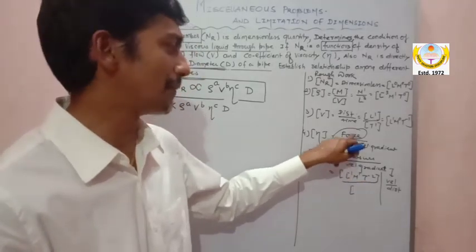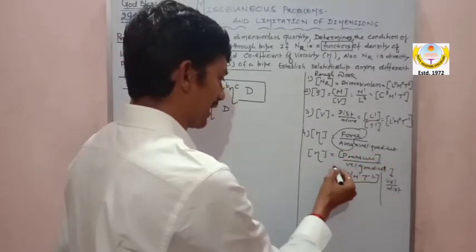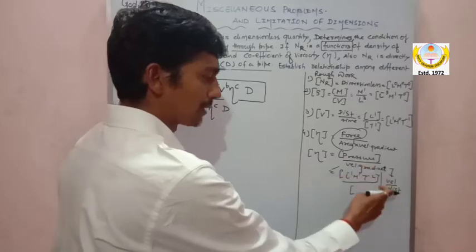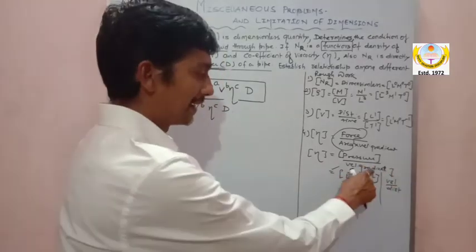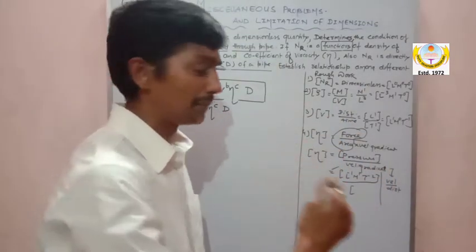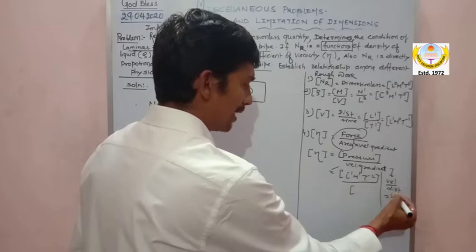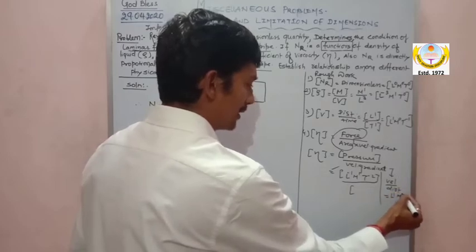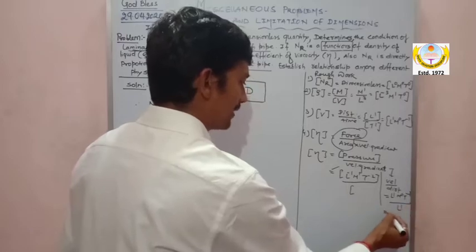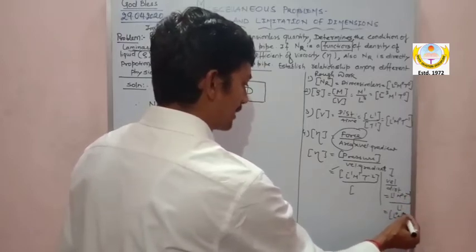I have converted force upon area to pressure, and I remember the dimension of pressure, L minus 1, M1, T minus 2. For velocity gradient, velocity is divided by distance, so L1, M0, T minus 1 divided by L1. So the dimension for velocity gradient will be L0, M0, T minus 1.